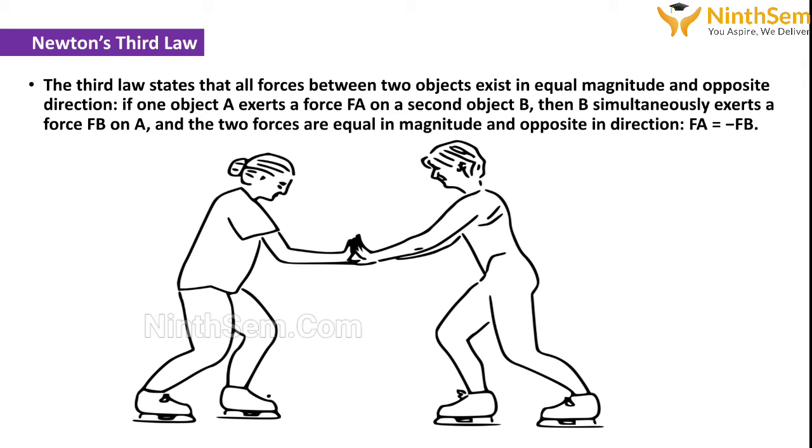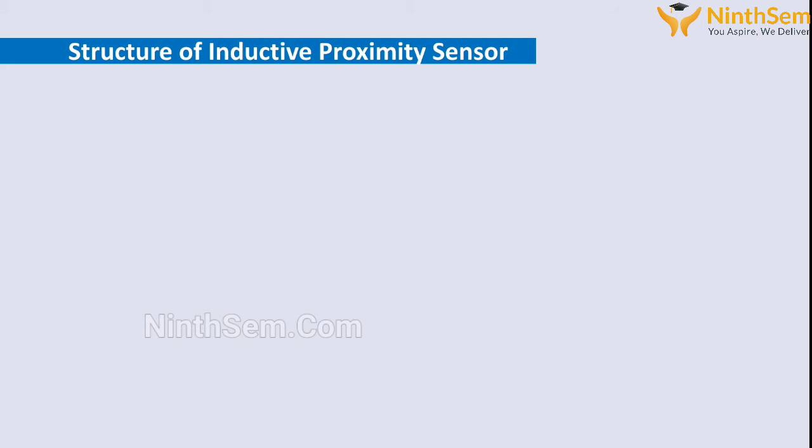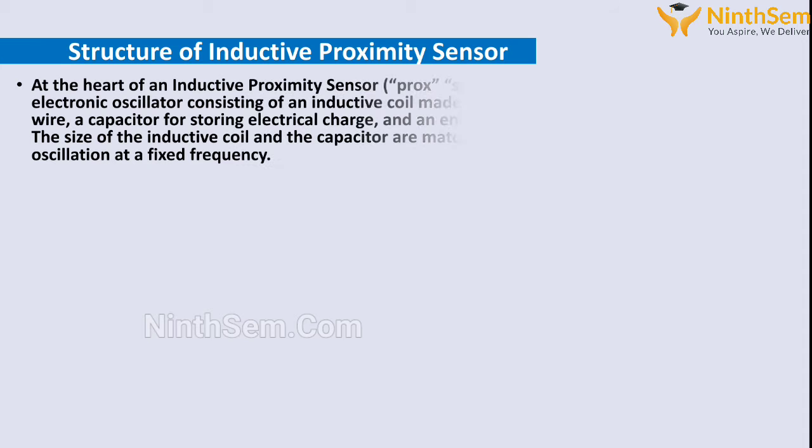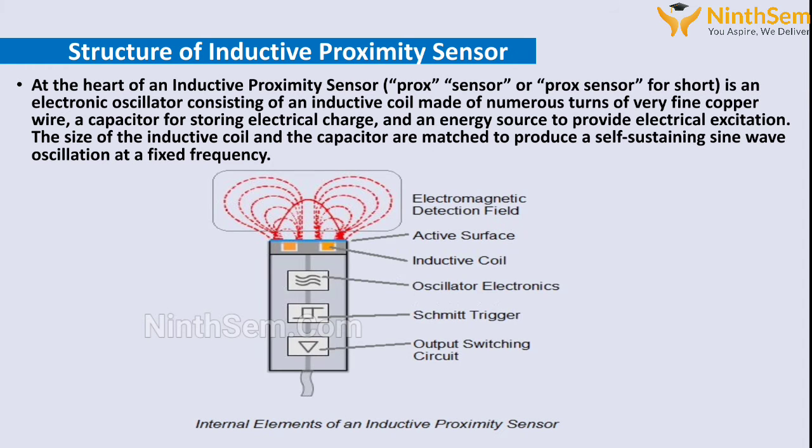Now come to the basic structure of a proximity sensor. The heart of the proximity sensor basically involves an inductive coil, which is nothing but an oscillator consisting of an inductive coil made of numerous strands of very fine copper wire, a capacitor for storing electrical charge, and an energy source to provide electrical excitation.